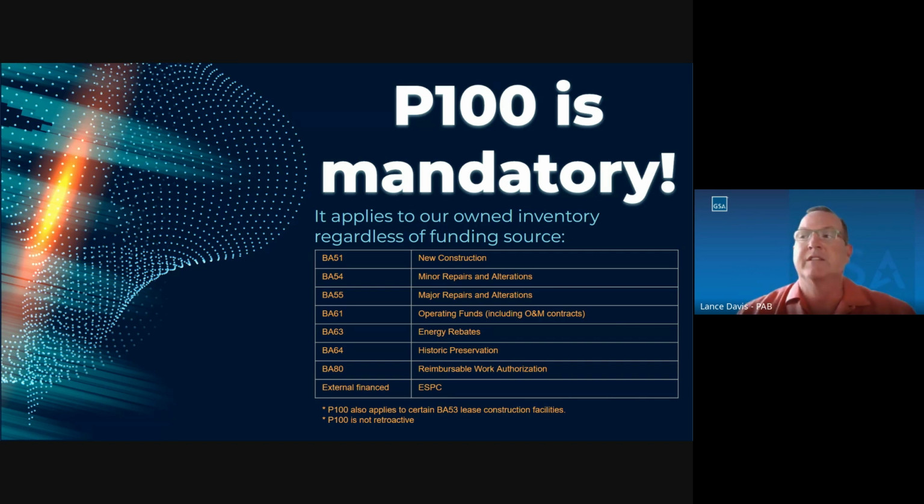It has to meet the latest version of P100. And so we're getting lots of scrutiny over what we're actually installing and how it's being operated. So that's one, I think, to pay close attention to and be aware of out there.